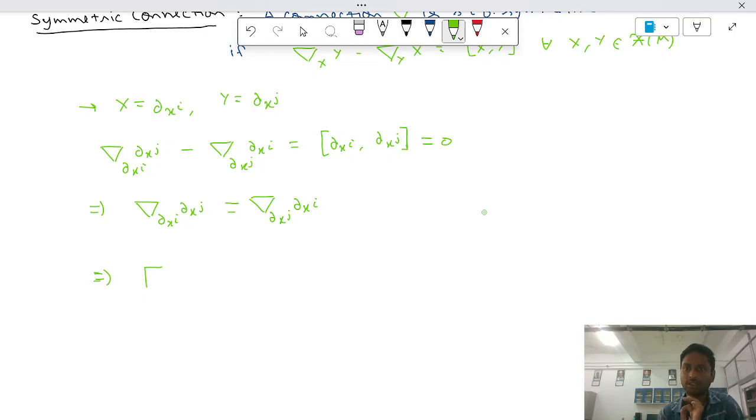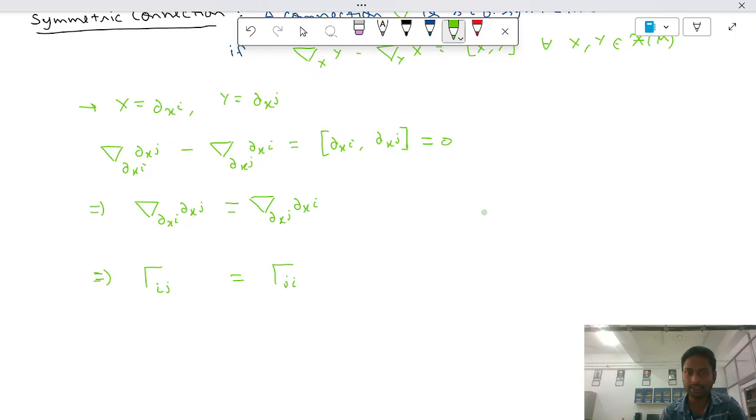Now pay attention to the indices. Here this is ij, and on the right hand side, this is ji. So this is a kind of convention. Some people write the index that you have in the upper slot first and then the lower slot, or some people do vice versa. Okay.